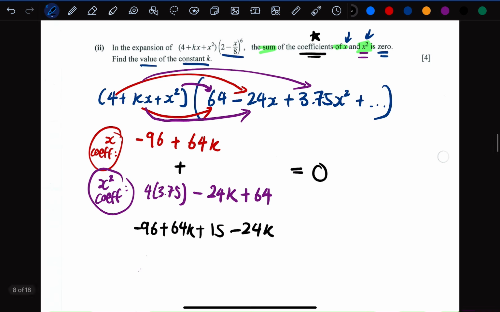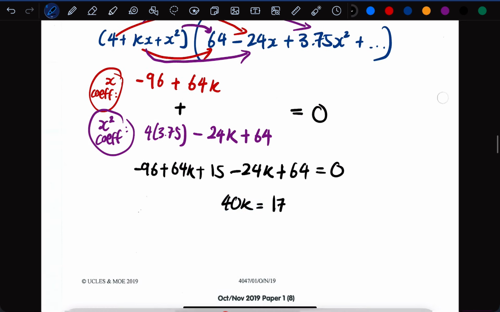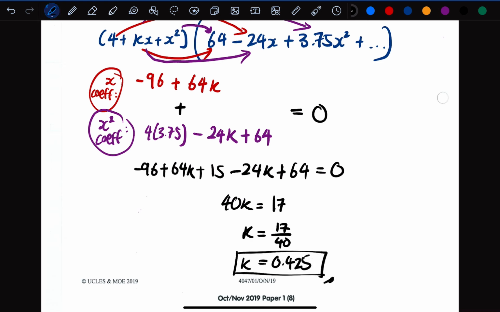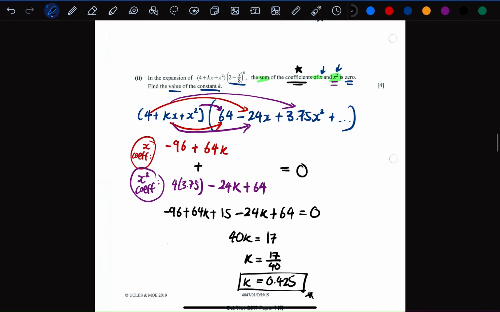Simplify this: 64 minus 24, you get 40k. And I'm going to move all my terms to the other side: 96 minus 64 minus 15, I get 17. In the end, you solve for the value of k, which is just 17/40, or in other words, 0.425.